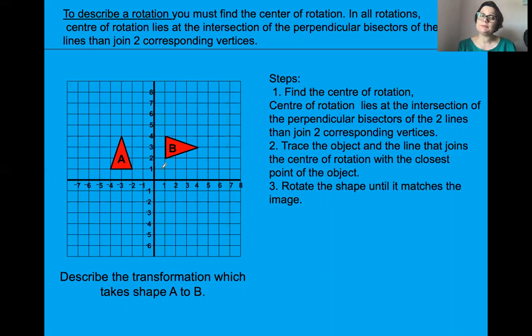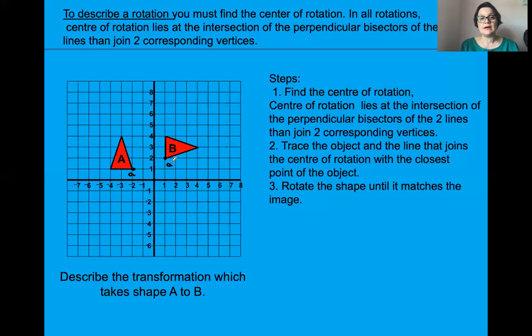But sometimes it could be a little more complicated. So you have to find that center of rotation. And to find the center of rotation, this is what you need to do. Find two corresponding vertices. So in this case, the first corresponding vertices are going to be this point here, I'm going to call it A, and I'm going to call this one A prime.